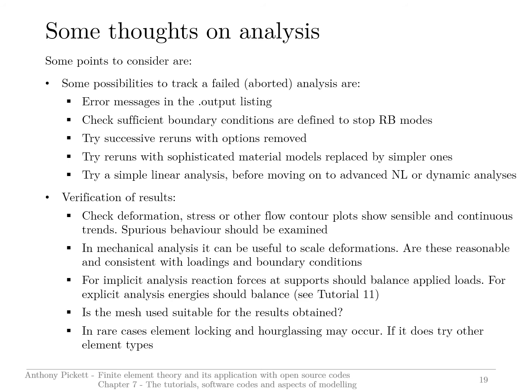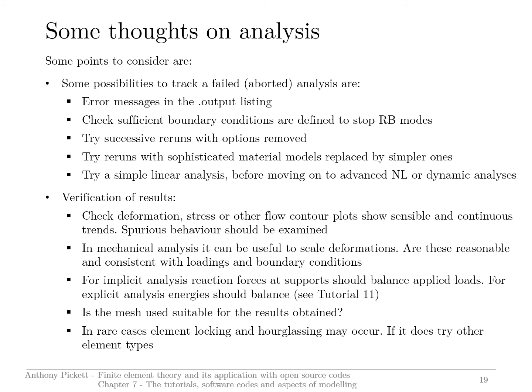Finally, some points on the analysis. If the analysis fails or aborts for some particular reason, have a look first of all at the output listing. The output from Calculix is perhaps not so helpful on this, but most of the commercial codes will give very useful information on why an analysis has broken down.